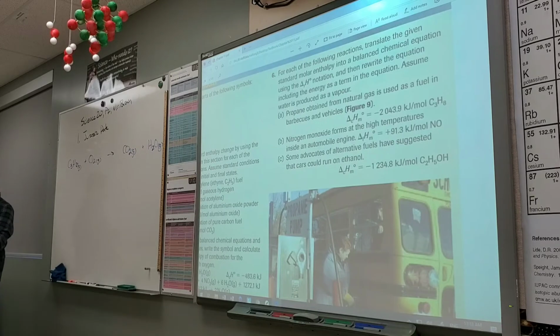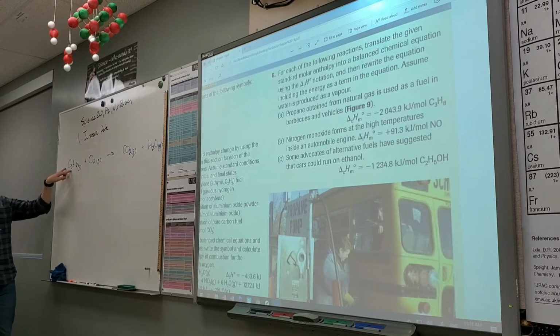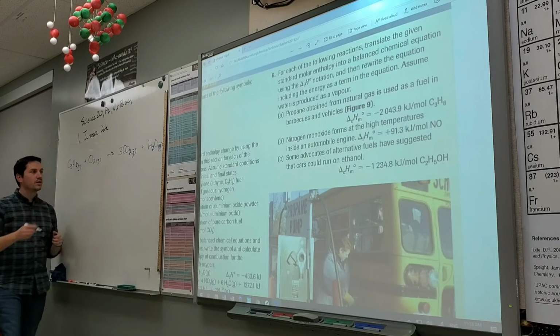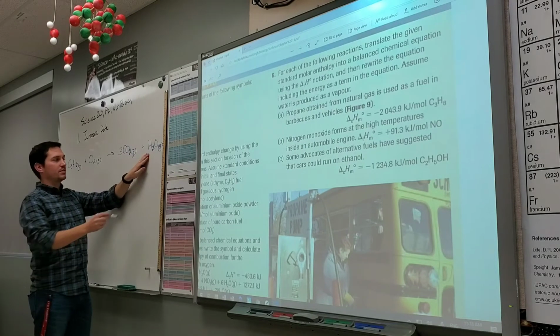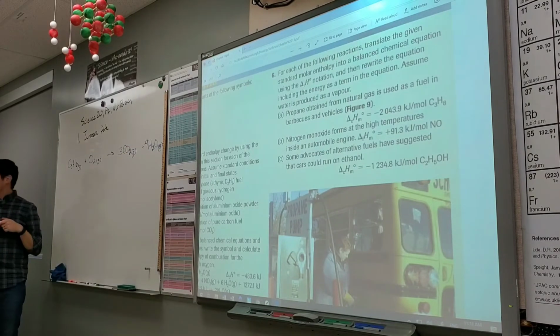It says write a balanced chemical equation. So what is the balanced chemical equation for this? How many carbons? 3. How many hydrogens? 8. So how many hydrogens? 4 times 2 is 8. Good. Now here's the problem.